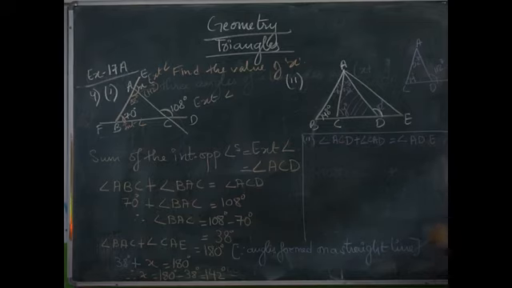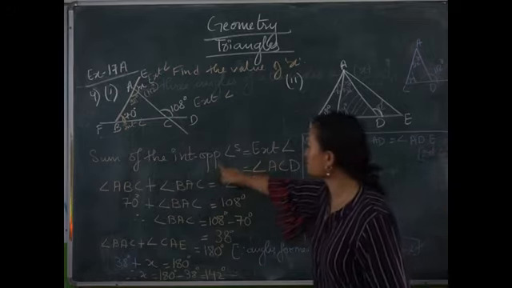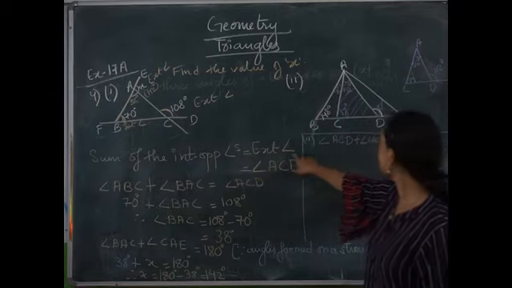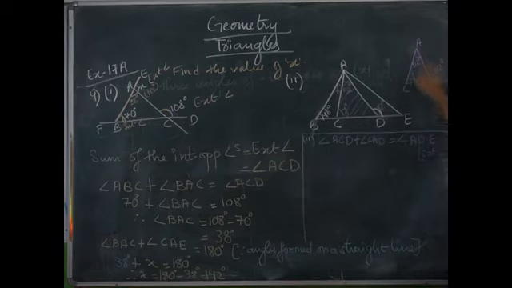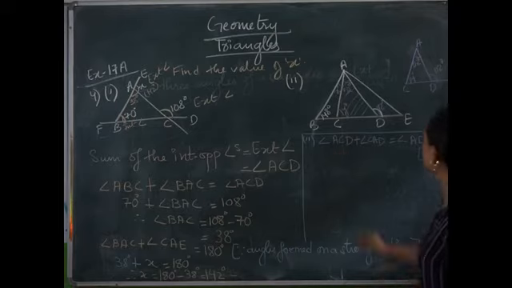This is the concept of exterior angles. Okay, we know that sum of the interior opposite angles is equal to exterior angle. So this angle ACD, CAD, when you add this to angle, gives you 112.